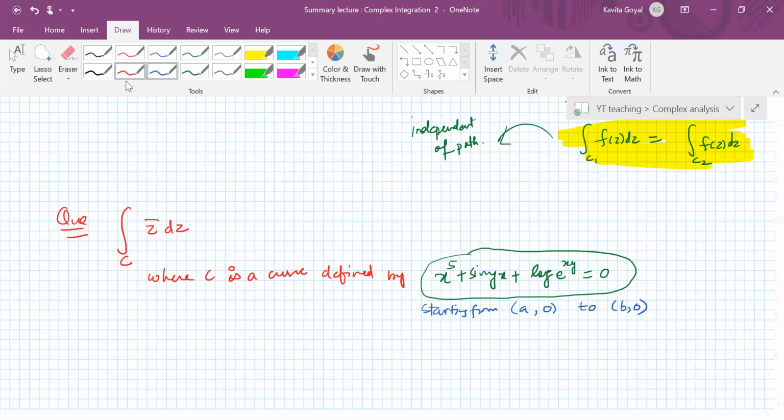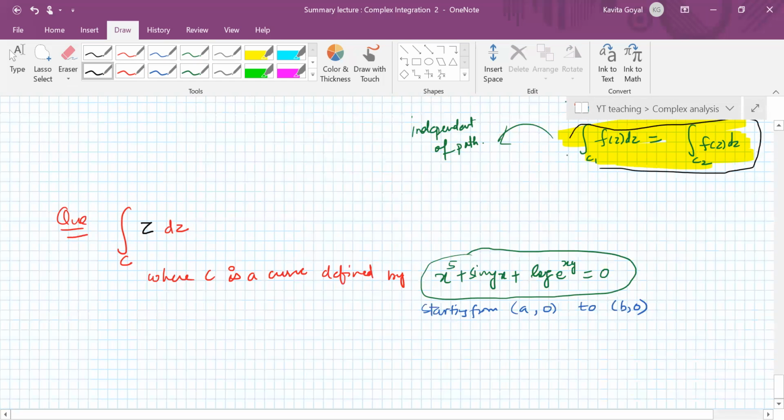But if you use Cauchy's theorem, for analyticity I am removing this z bar, so suppose you have z only, so that we can easily see that the function is analytic. Now, can you think of the property I told you, that the integral will be independent of path? Can you think how you can use it to compute this integral?